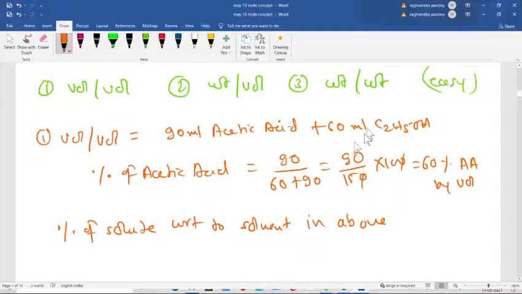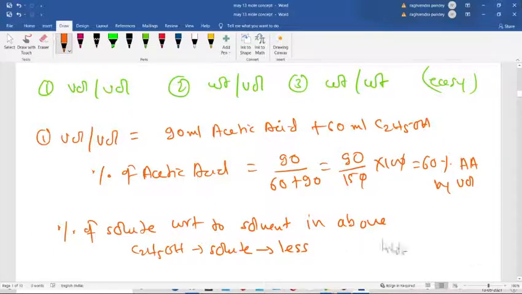Ethanol is less, that I told you yesterday, and the 90 ml is more. So acetic acid is the solvent here, and ethanol is the solute, because it is less.